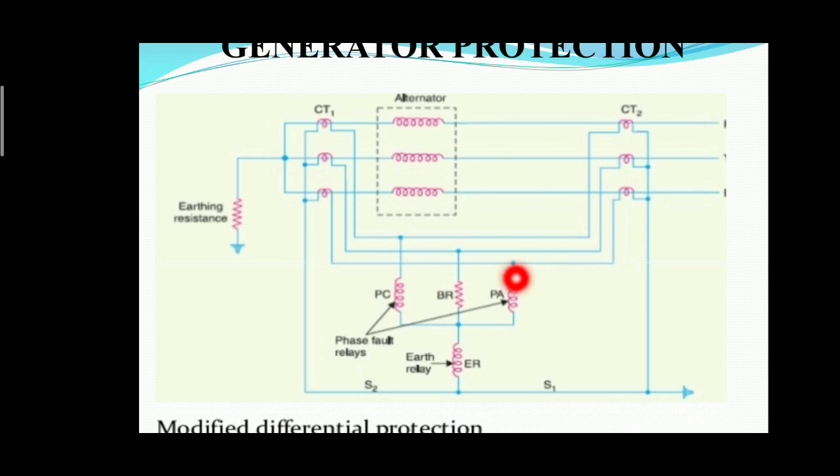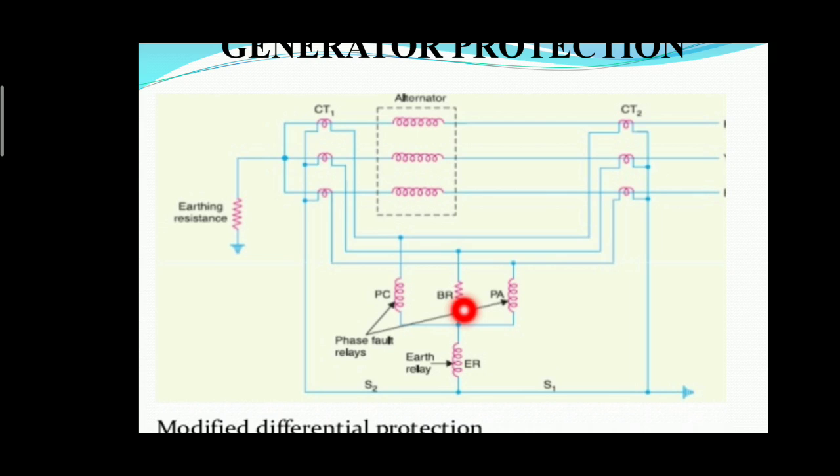The CTs are connected by using pilot wires. In the pilot wires we are connecting the relay coil, and at the middle of this coil we are connecting one resistor.